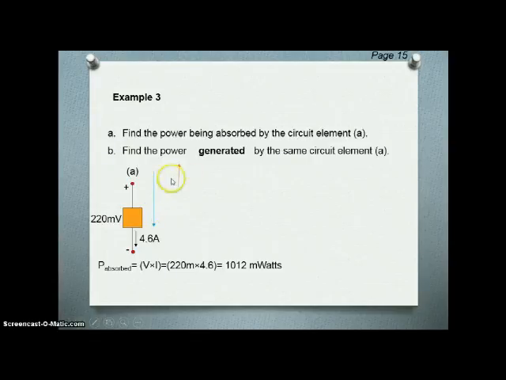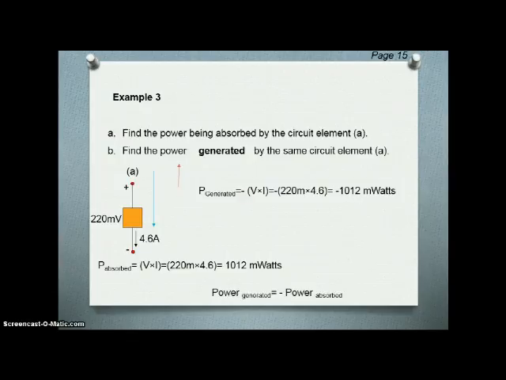So whenever you find these opposite things, that means in the equation we have to put a negative sign. And hence the power generated is found as minus 1012 milliwatts. Or simply, for the same element, if you calculate the power absorbed and power generated, you can find this relationship: power generated will be the negative of the power absorbed.